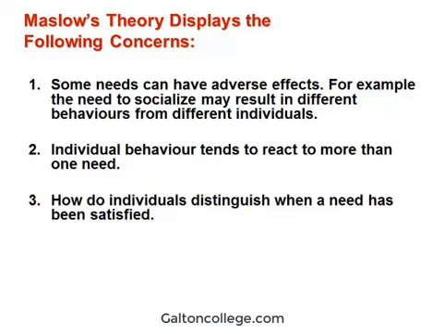And there's also the problem of how do individuals know when a need has been satisfied? Well, in the context of, let's say, security, job security, it could be that the management issue a contract and say that their jobs are guaranteed for the next year. That may indicate to them that they have achieved their security, so they may move on to the next level.